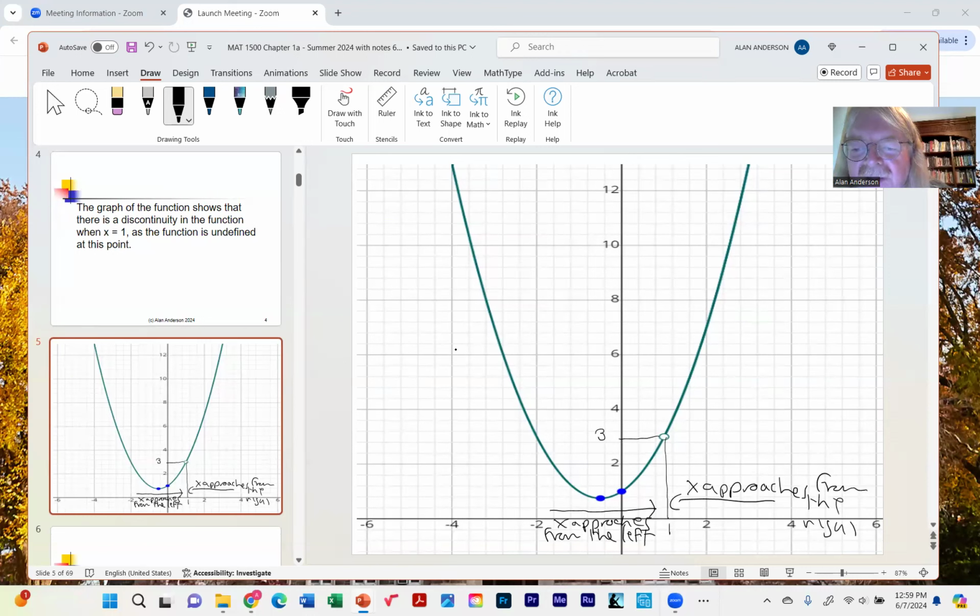No matter how close we get, we're always getting progressively closer. The function is getting progressively closer to 3. Okay, so as x approaches 1, and this is from both sides, f of x approaches 3.